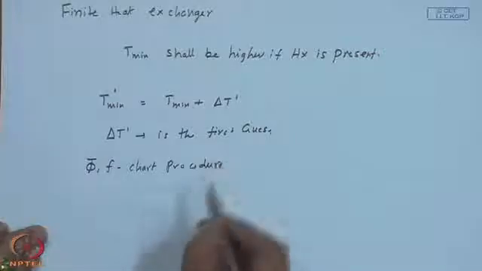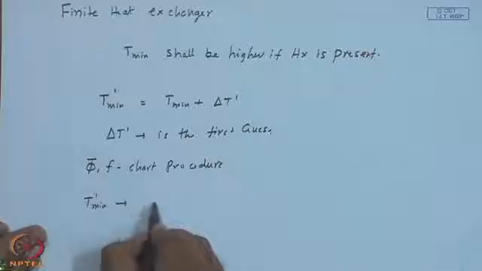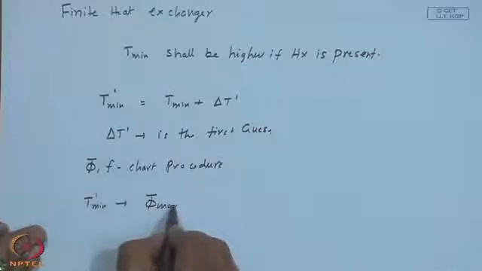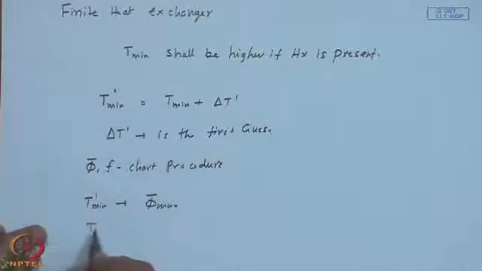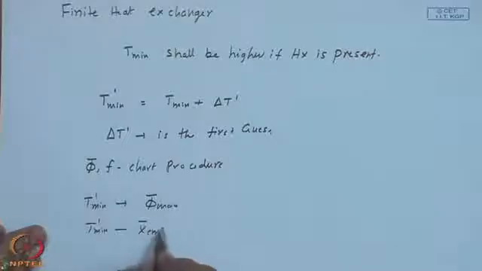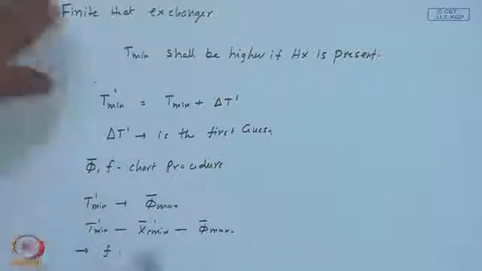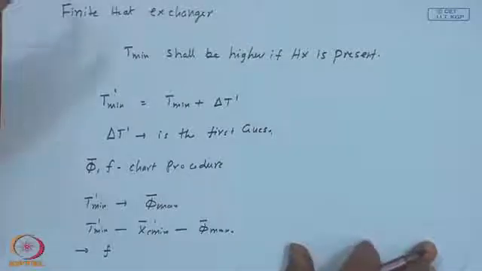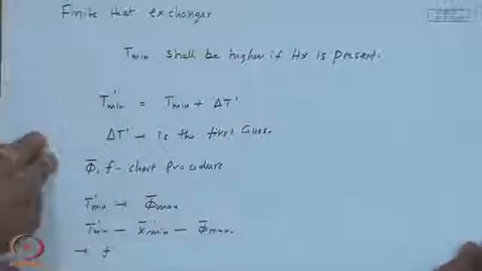What do we mean by this? T min 1 corresponds to x bar min 1, which corresponds to phibar max. Then I will get my solar load fraction. Y and x are straightforward to calculate, because they do not depend upon a T minimum.